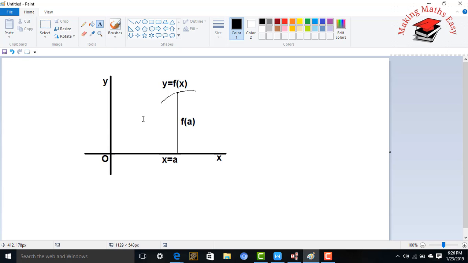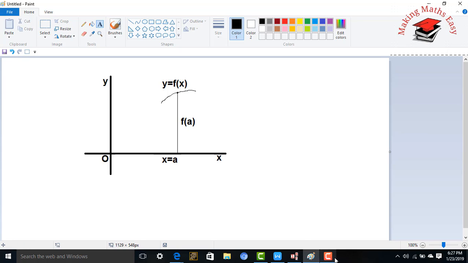One is the right hand side of f of x, which is the negative quadrant, or we can say the second quadrant, and the left hand side of f of x, the positive quadrant. We know there are quadrants 1, 2, 3 and 4. So this is 1, this is 2, this is 3 and this is 4. So this is the left hand side, this is the right hand side.